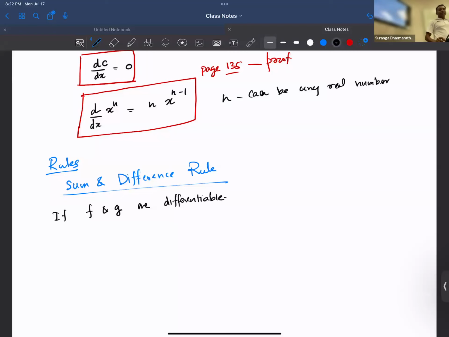what does it mean by differentiable? Did we talk about this? Did we talk about differentiability? What does it mean by differentiable? I think we talked about it. Why is some function called differentiable?